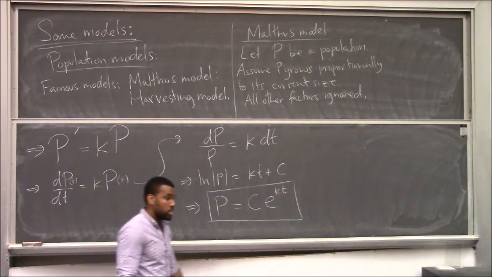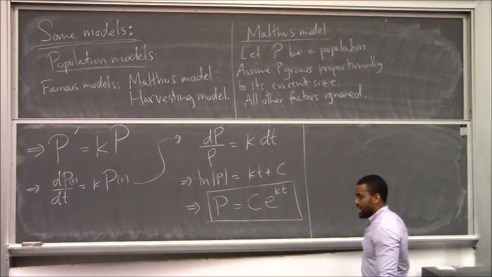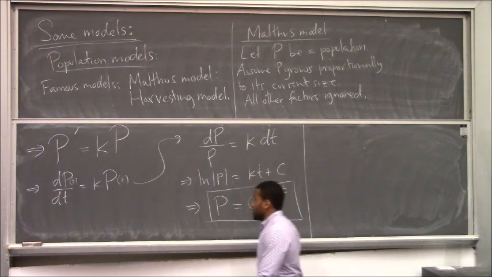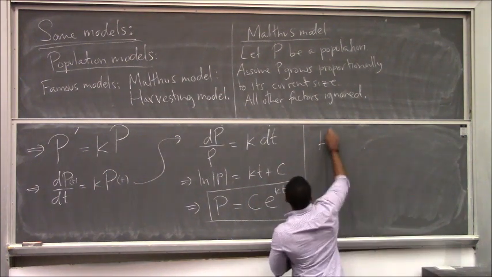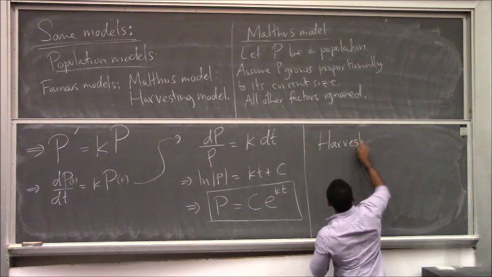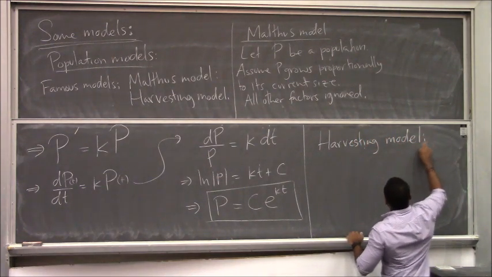It would grow exponentially, right? So populations never grow linearly; they actually grow exponentially. This basic model actually shows that. When you look at the harvesting model, this is also a very simplistic assumption.